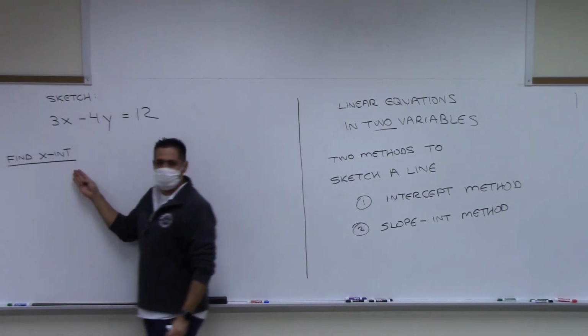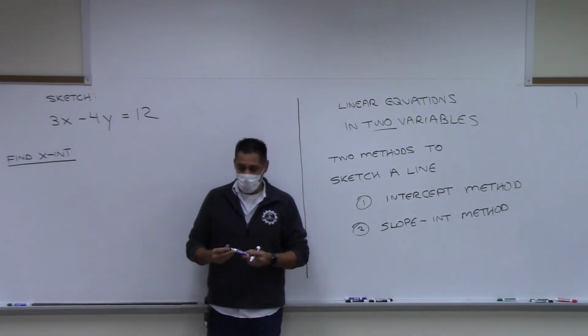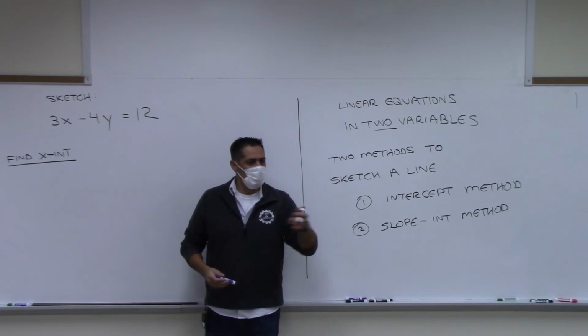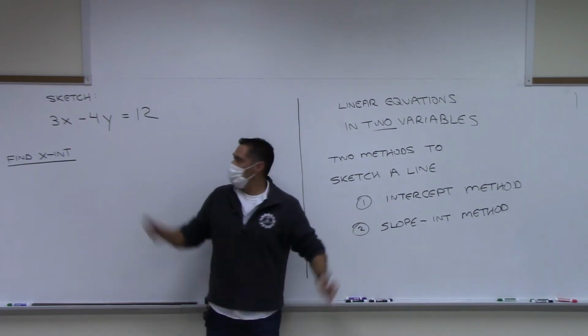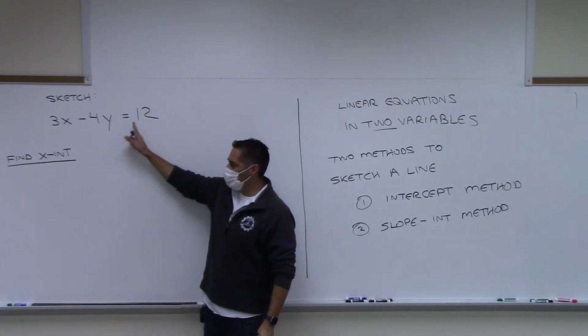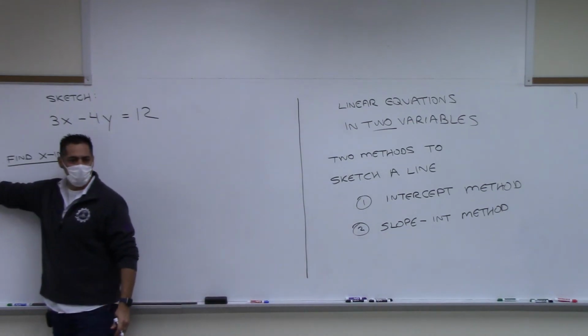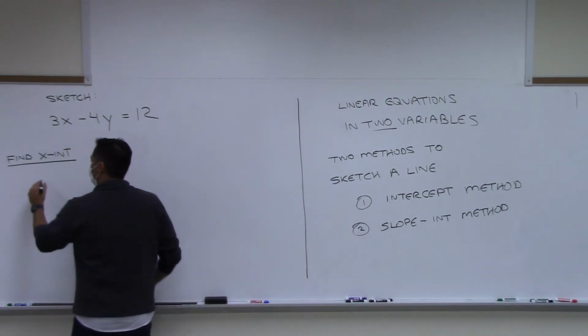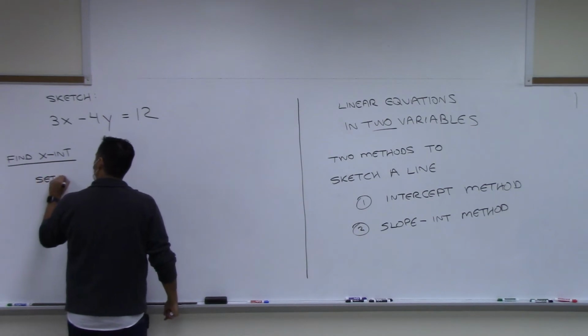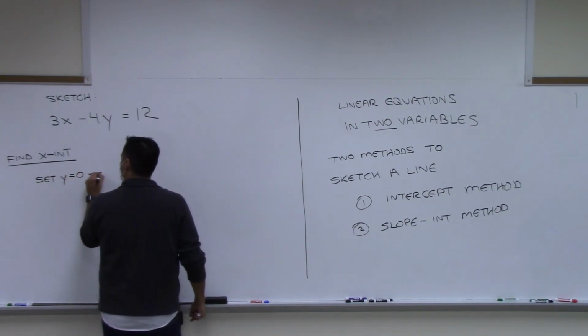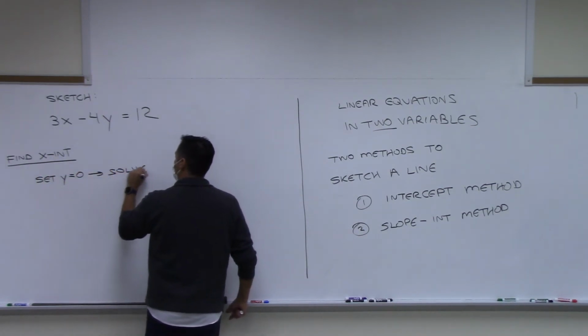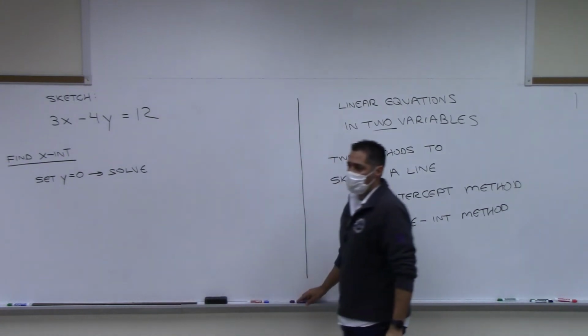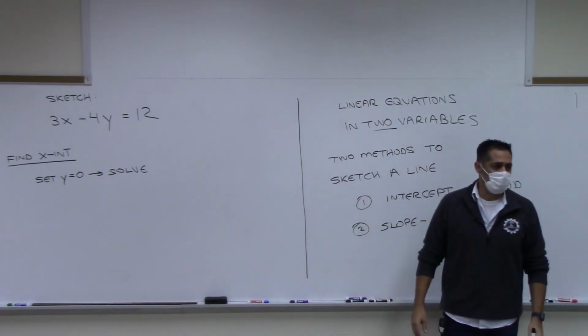So to find the x-intercept, the very first step is to set y equal to 0 in this equation. The reason is that I know that the x-intercept has a y-coordinate of 0. So I'm going to set y equal to 0 and then solve. That's the procedure. That's it. That's how you find the x-intercept. You set y equal to 0 and solve the equation.